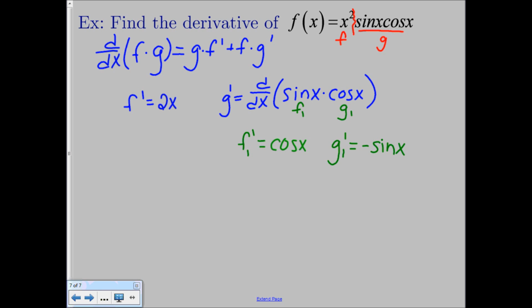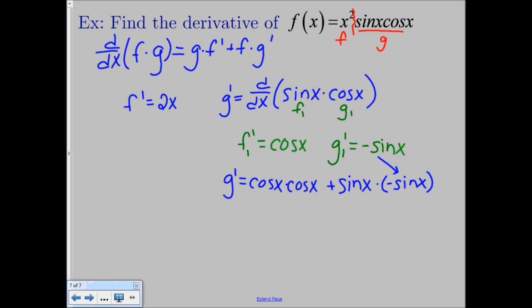So what this means now is that our overall g prime, plugging back in, we know it's g times f prime, so g was cosine of x times f prime, cosine of x, plus f, which was sine of x, times g prime, which is going to be times negative sine of x in this case.